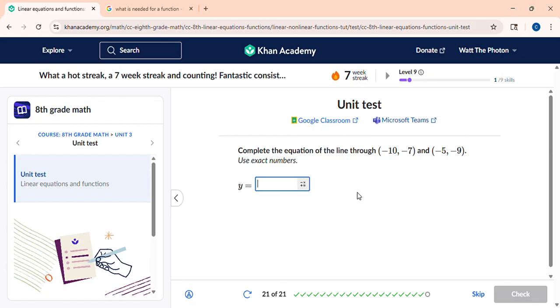So we will complete the equation of the line that runs through -10, -7, and -5, -9. So y1, y2, what's that, -0.4? Yeah, it's -2/5. Minus 11, I think, -2/5 x minus 11.